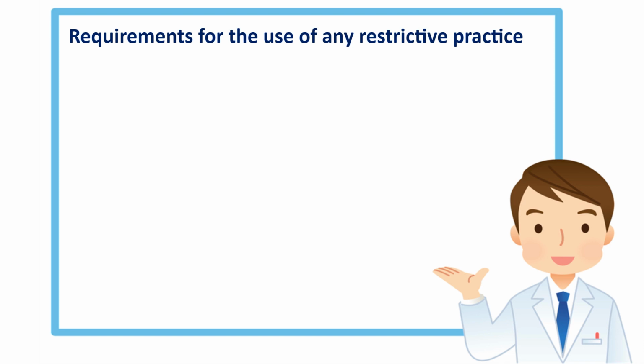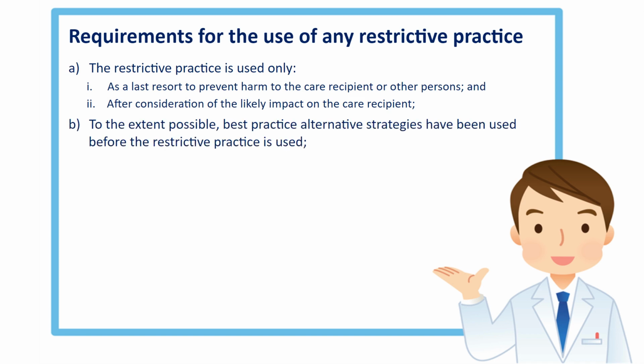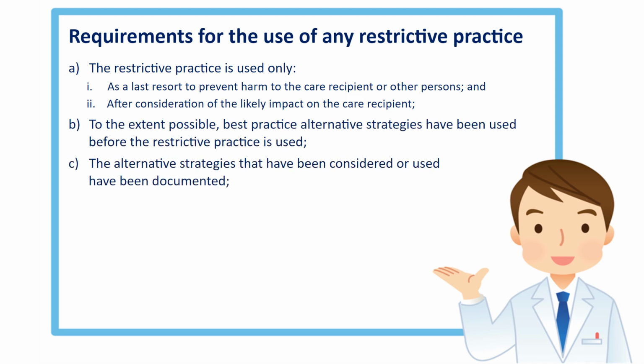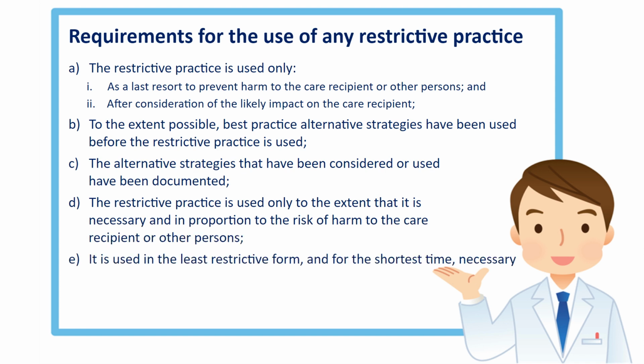The requirements for using any form of restrictive practice: we should be using it as a last resort, with the aim of preventing harm to that person, or to other people, so staff or other consumers as well, and only after careful consideration of the impact that this restrictive practice could have on that particular person.